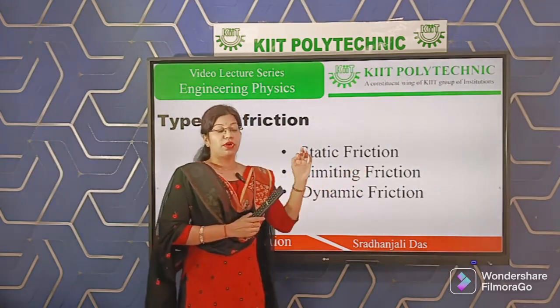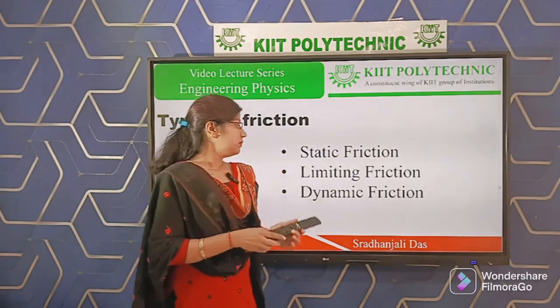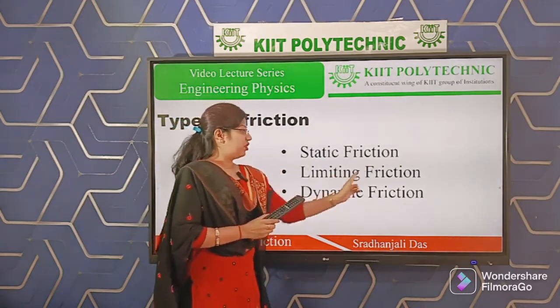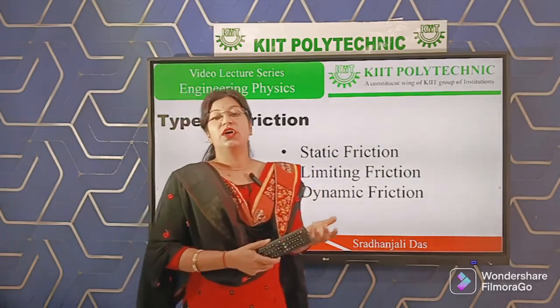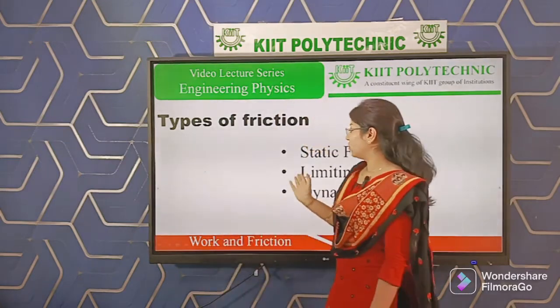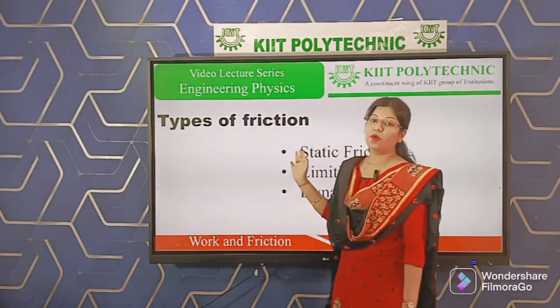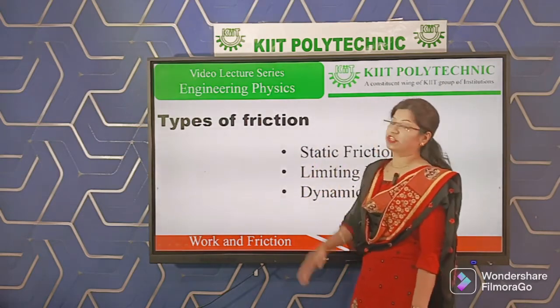That means the body is at the point of motion, just as motion starts. So this type of friction is known as limiting friction. Otherwise, we can also say the maximum value of static friction is known as the limiting friction.